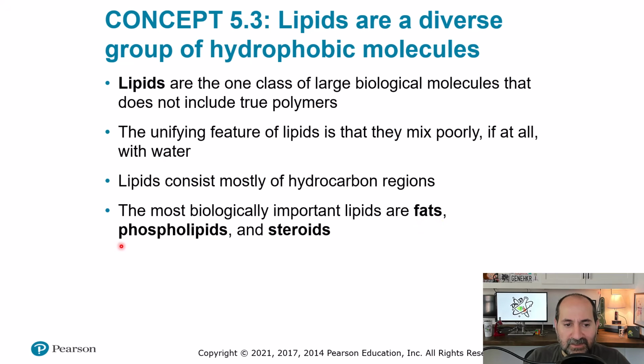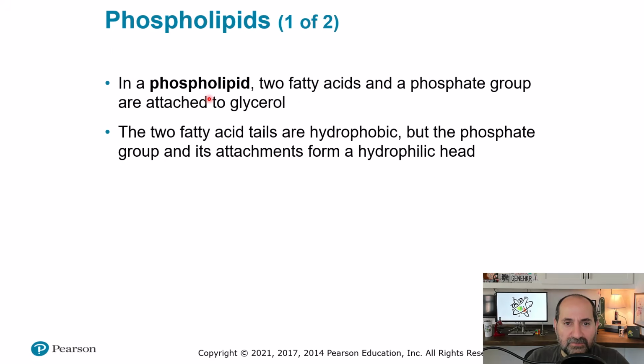Let's talk about the next class of lipids, phospholipids, and I'm going to explain to you why these phospholipids are so important. A phospholipid is the main component of the membranes of a cell. Remember I said that all cells have a plasma membrane or a cell membrane around the cell.